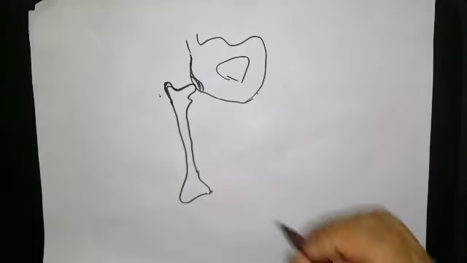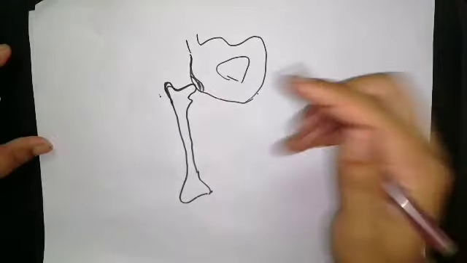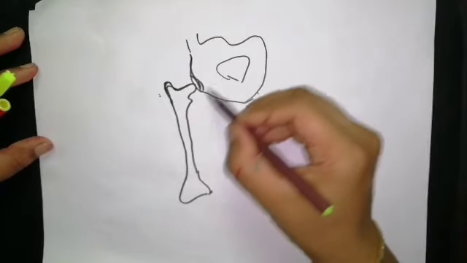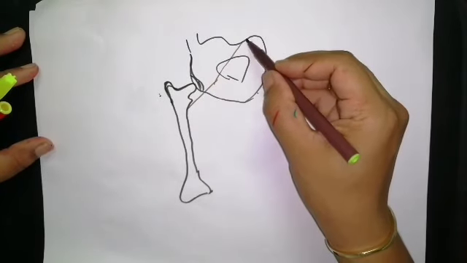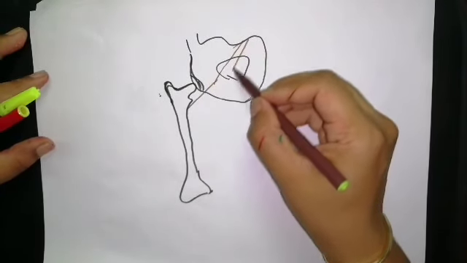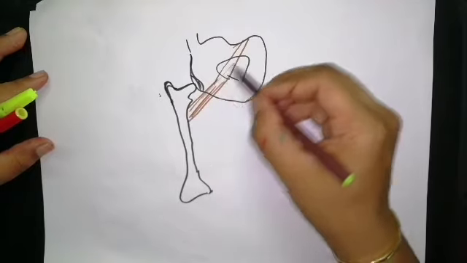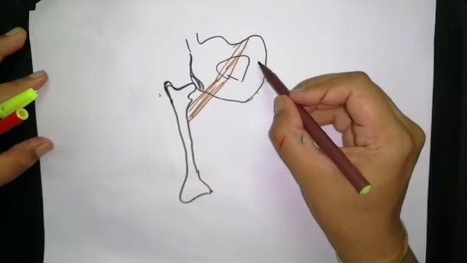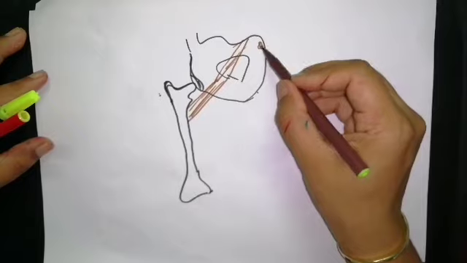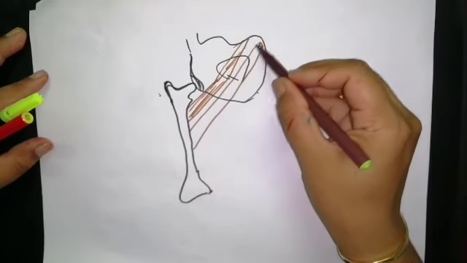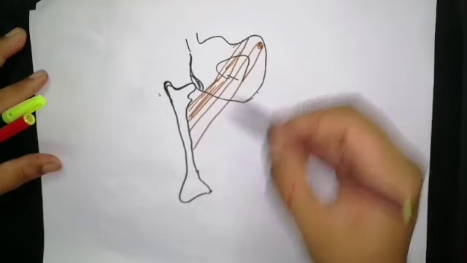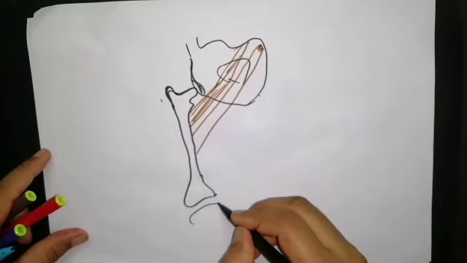So when we see from this side, the most superficial muscles are the pectineus, which is a quadrilateral muscle, the adductor longus, and the gracilis muscle.